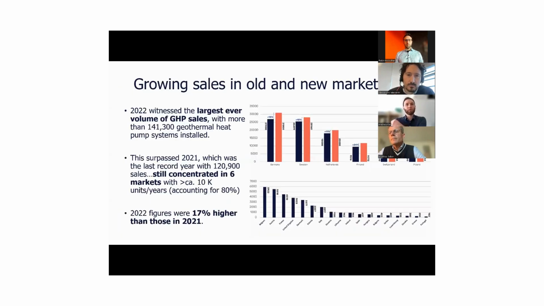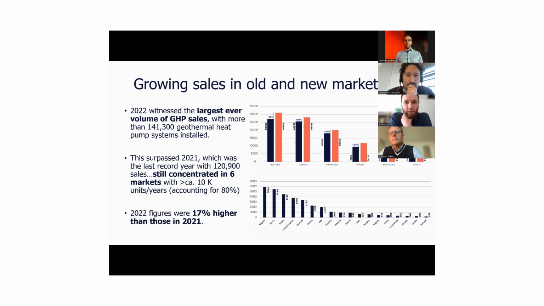So to conclude about the geothermal heat pumps market, you can see, for example, the comparison of the data from 2021 and 2022, because the figures of this last year were 17% higher than the year before. And in general, it witnessed the largest ever volume of ground source heat pump sales, with more than 140,000 geothermal heat pumps installed.